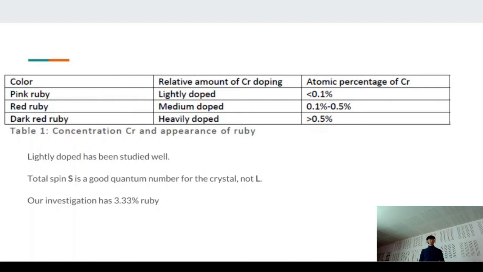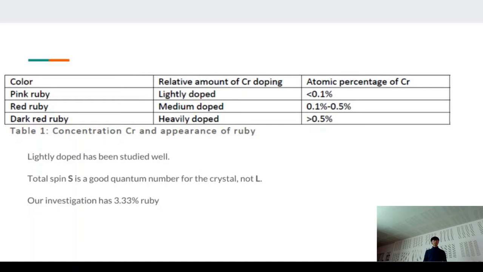In the literature, Jafar and I found that lightly doped ruby crystals are very well known, because the chromium ions are far apart from each other and don't pose complicated interactions. Medium and heavily doped crystals have ions close enough to cause complicated interactions.